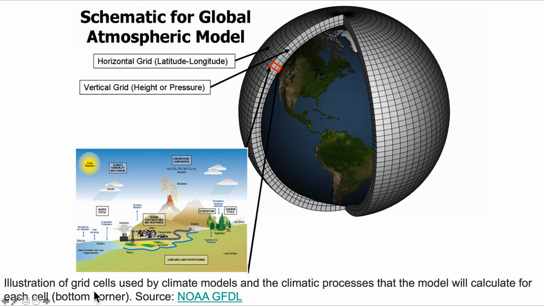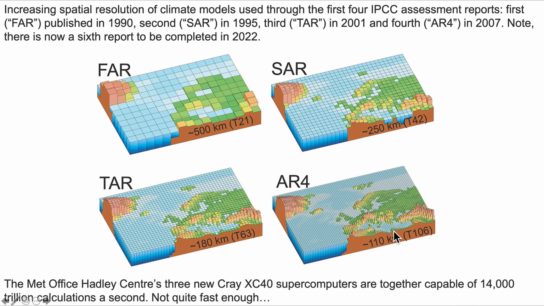The grid cells that are used by climate models and the climatic processes that the model will calculate for each cell is illustrated here. By increasing the spatial resolution of climate models, we increase the ability to evaluate the influence of greenhouse gases, ocean circulation, aerosols, dust, all these other components of the climate system. So starting out in 1990, we have Europe here, Greenland here. Iceland does not exist.